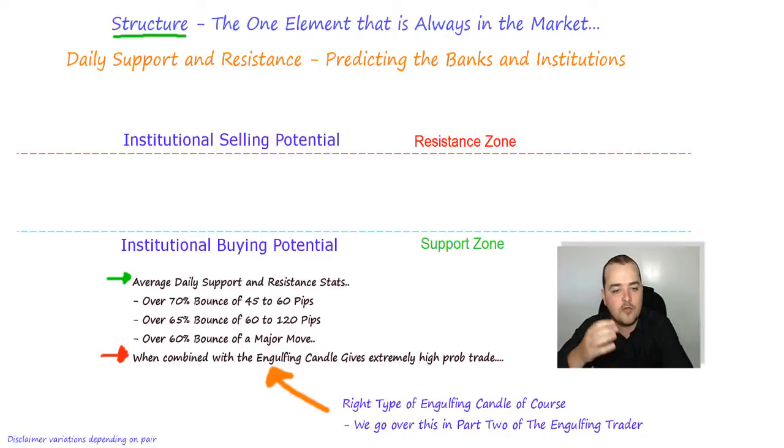Now let's go over the average stats. We know that this is a way of predicting where institutions are buying and selling, and when price is coming up to these areas, we might have a possible resistance, or when price is coming down to these areas, we might have a possible support. Notice I say the word possible and probable, because Forex is a probability business.